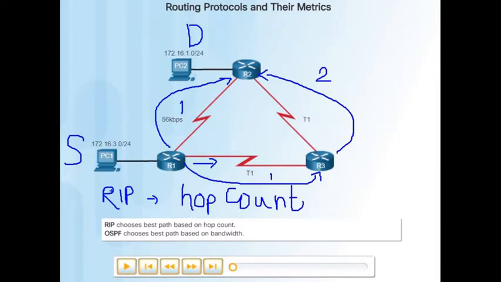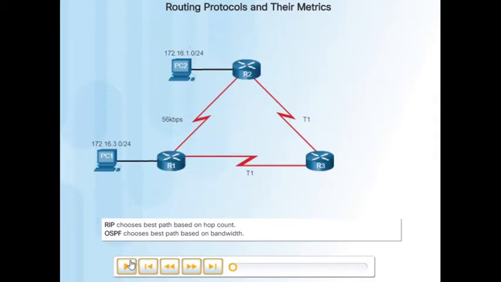So if you're running RIP, which of these two available paths will RIP consider as its best path? Obviously it's the one with the lowest hop count, so it will go this way to send that packet.